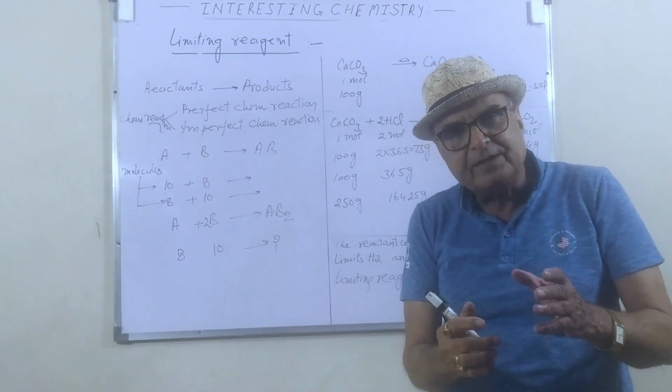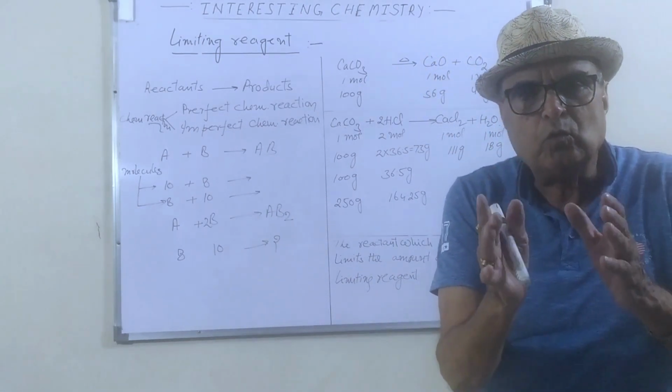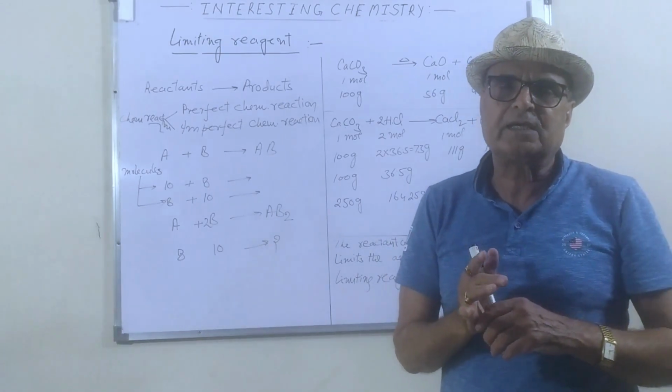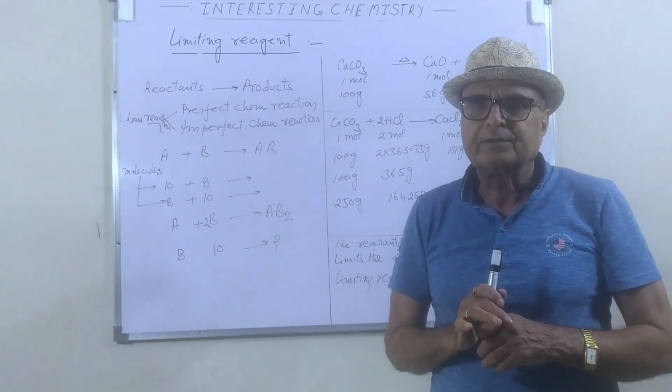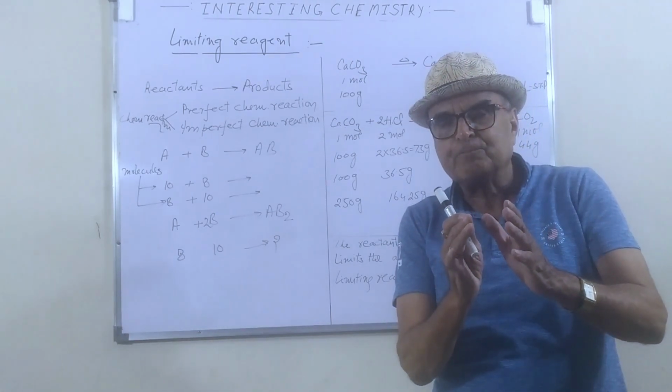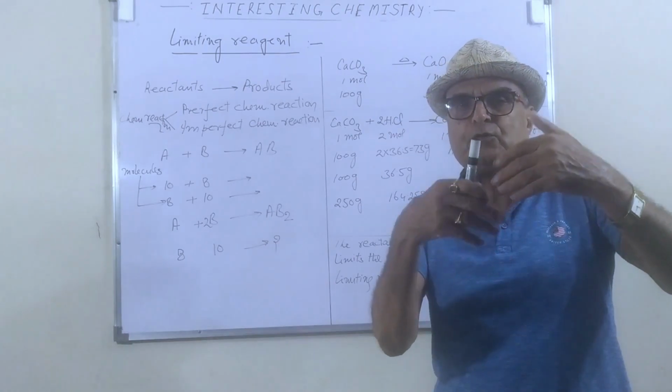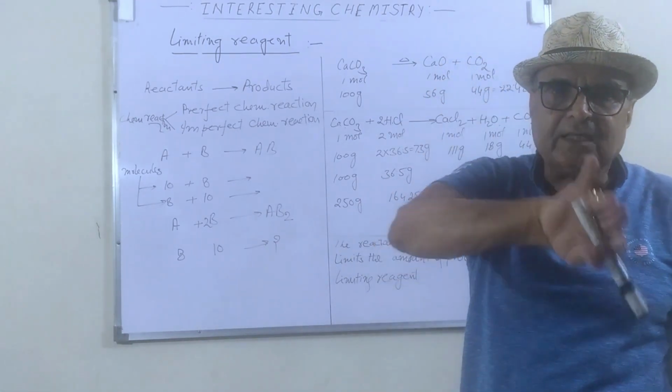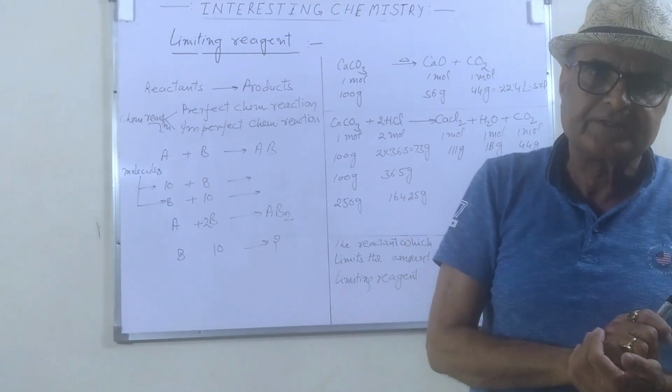But when there are two or more reactants in a chemical reaction, then the amount of one reactant will have its effect on the other reactant.